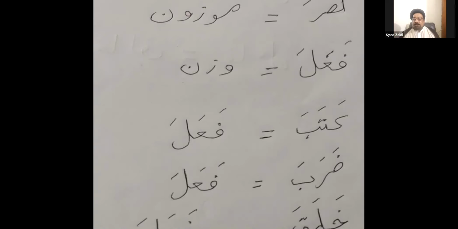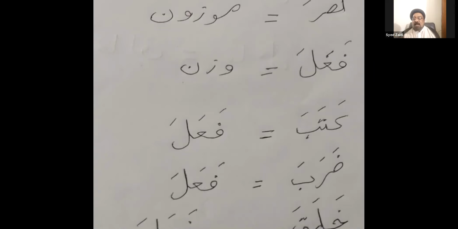But because it is an action, he must have done something. For example, kataba. If you change the three huruf asli of kataba into fa'ala, you instantly know that katab is, for example, to write. So kataba, he wrote. You understand?